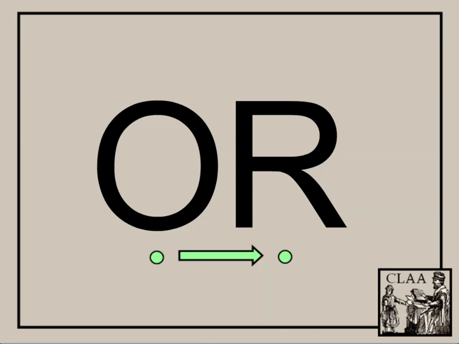Remember, if you have a hard time making the sound R, you can make the sound R and read it like this. Or, or, or. But keep practicing until you can say or.